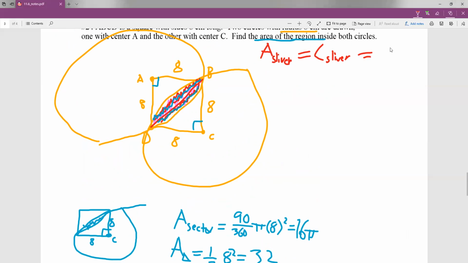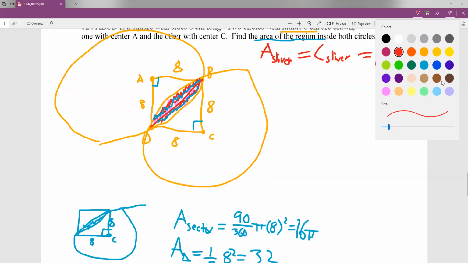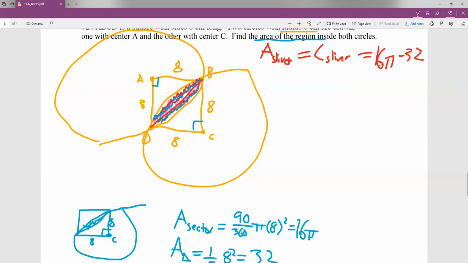The area of a sliver is 16 pi minus 32. All right, so anyways, to find the area of the whole shaded region, all we have to do is take this and multiply it by 2. Two times 16 pi minus 32, which is going to be equal to 32 pi minus 64.